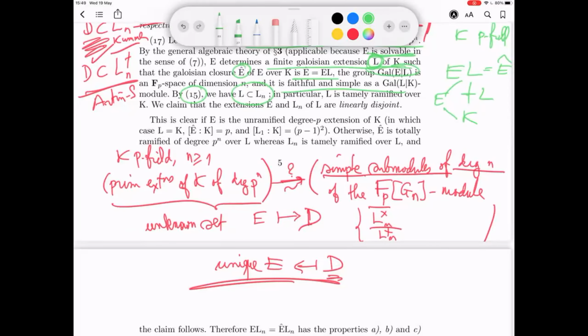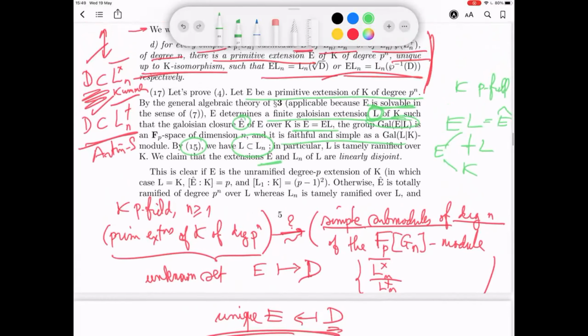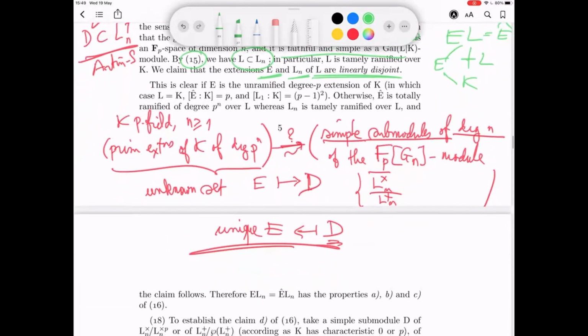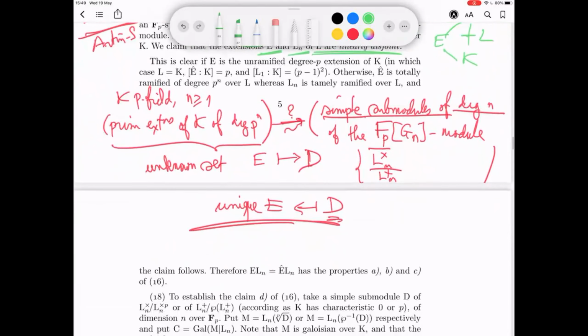And therefore this E, which is a totally, wildly ramified extension of K, and Ln is merely tamely ramified. So they're going to be linearly disjoint.